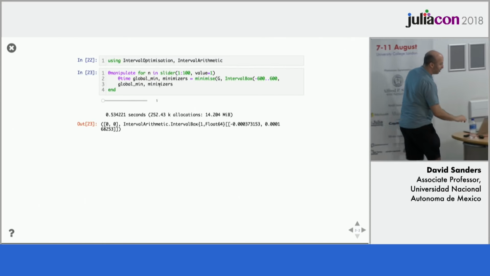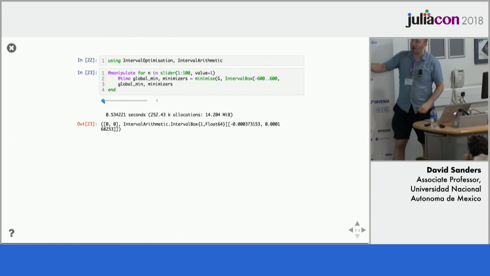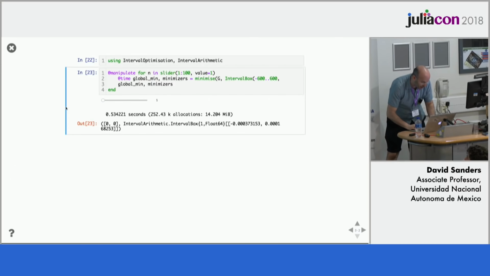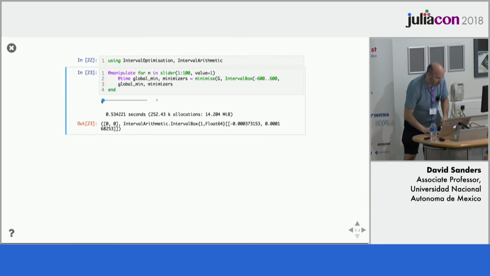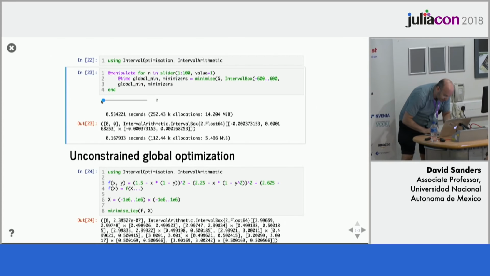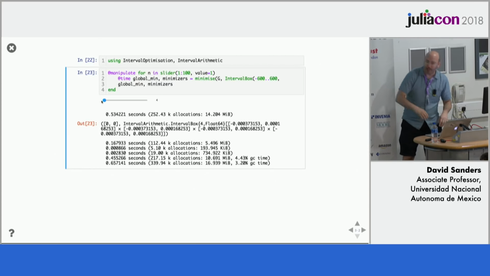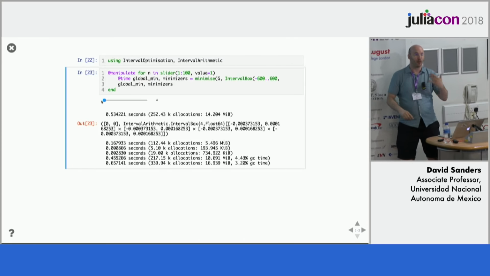And so here, I just have a slider where I'm changing the dimensionality of the problem, right? So I'm changing the number of entries in this vector that I'm optimizing. And so you can see that it's taking longer and longer each time I move this dimension, but actually that's also including the compilation time.